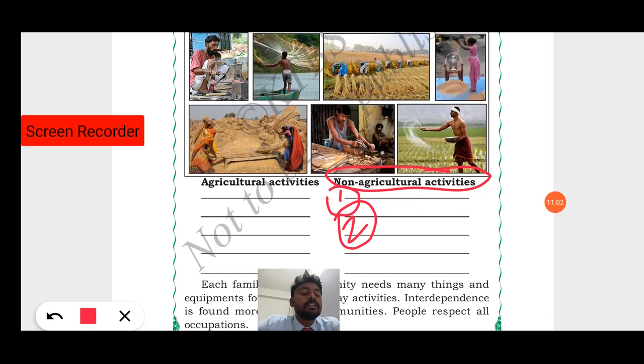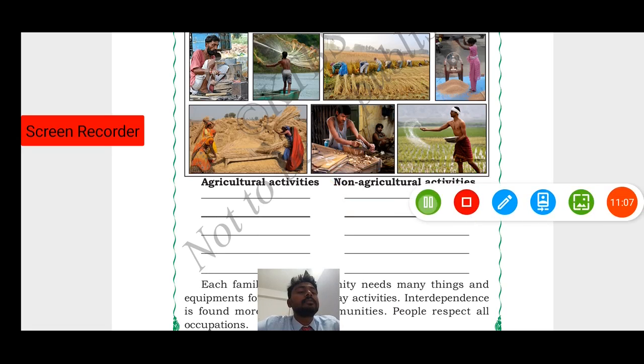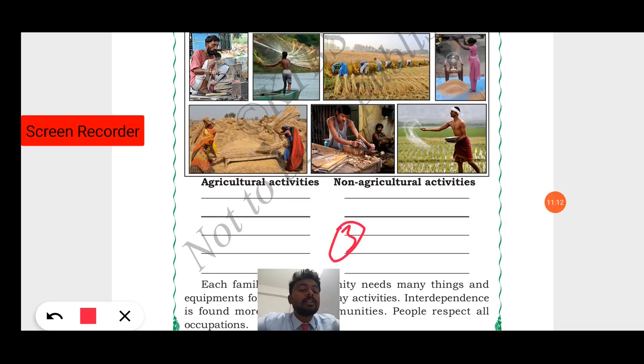And third one, basket weaving. And also the fourth one, fishery. The last, fifth one, is pottery. So these are the agriculture activities and the non-agriculture activities.